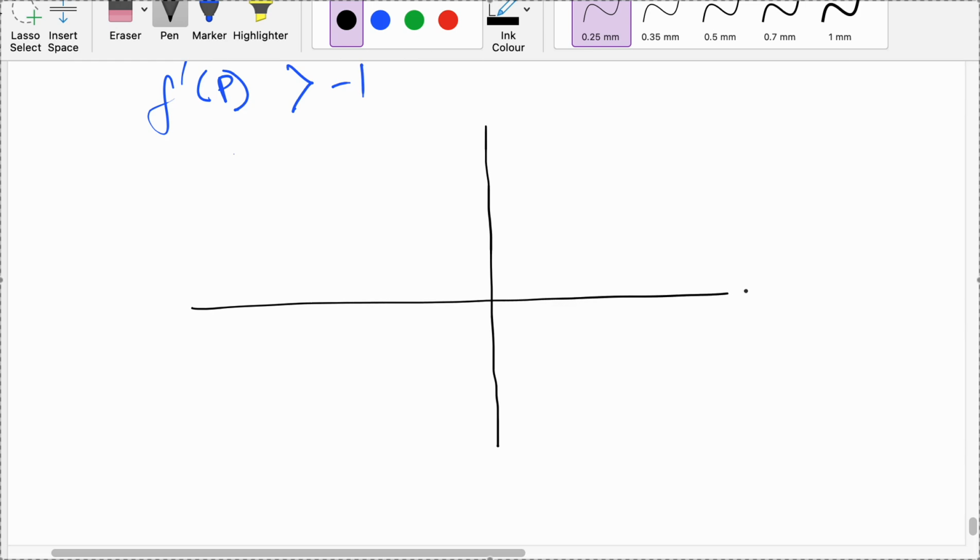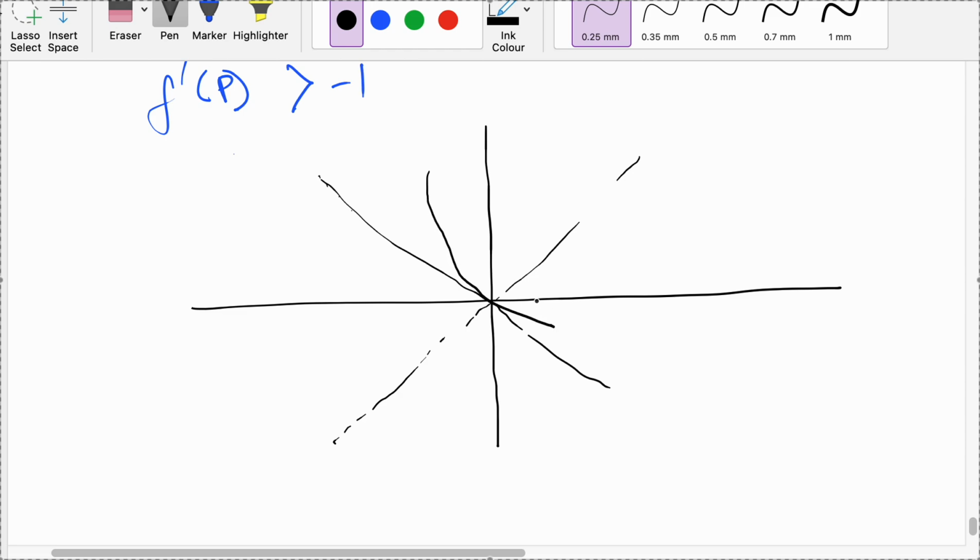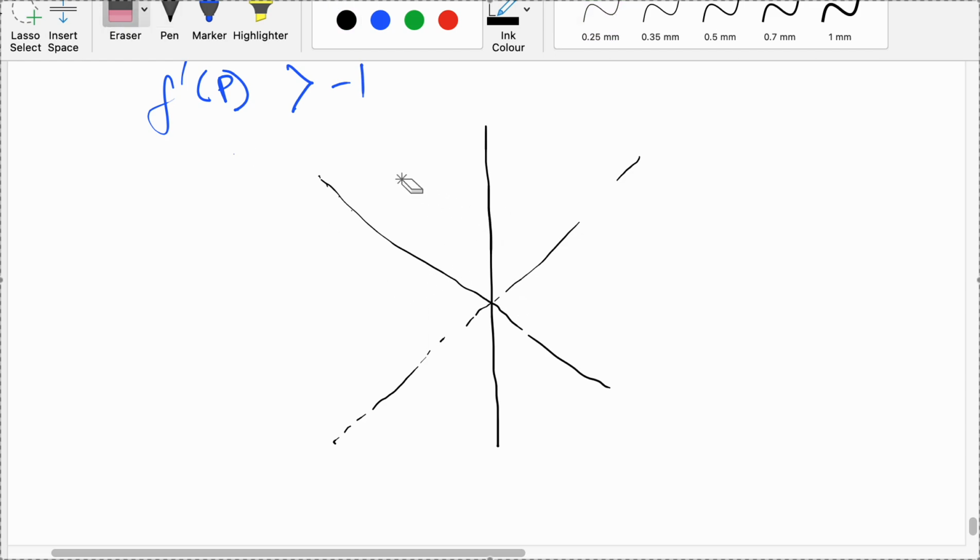this is y, this is x. So this is my identity line. This is the identity line here, and this is y equal to -x. Then the tangent should be like this. So maybe a curve like, okay, this becomes exactly this, so it will not help.